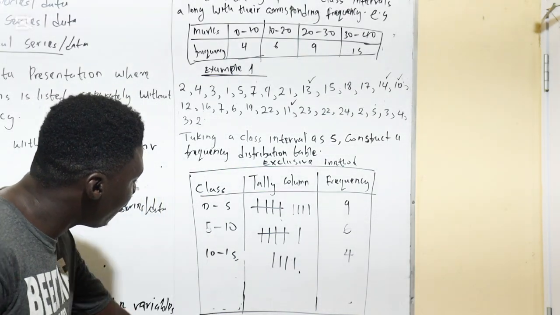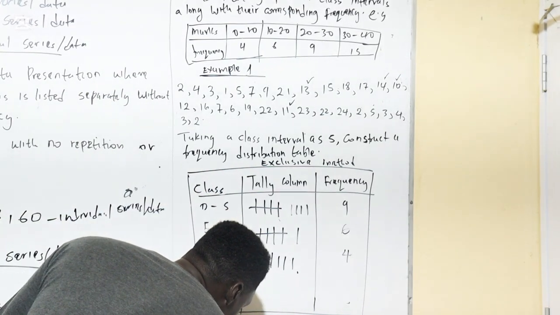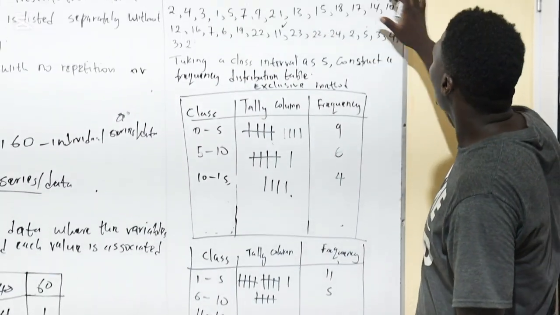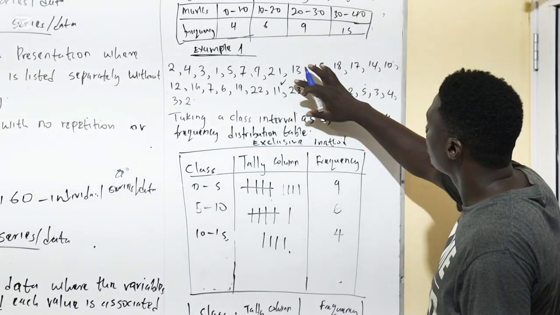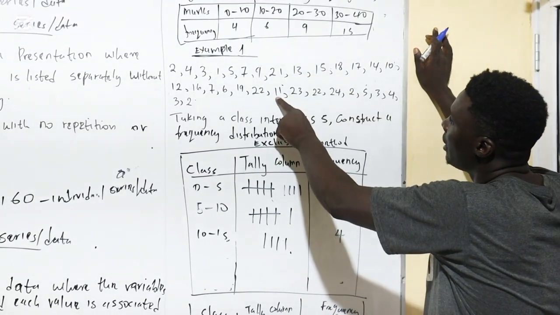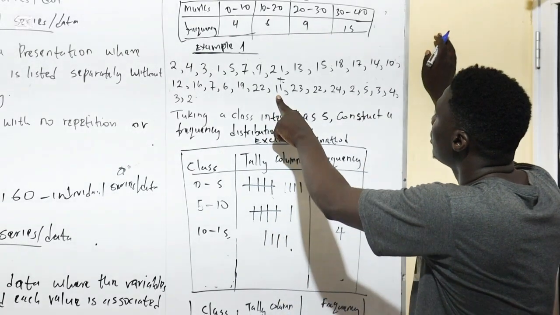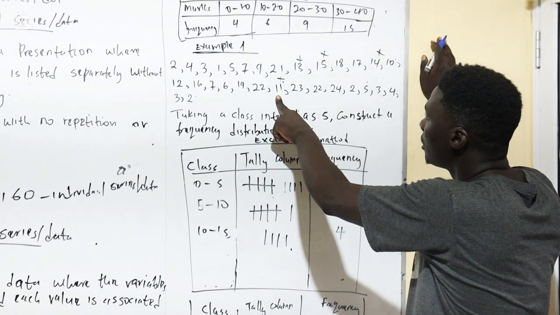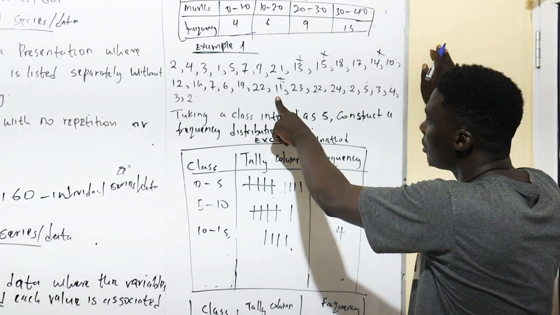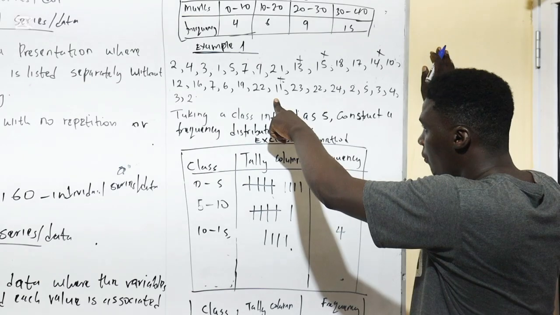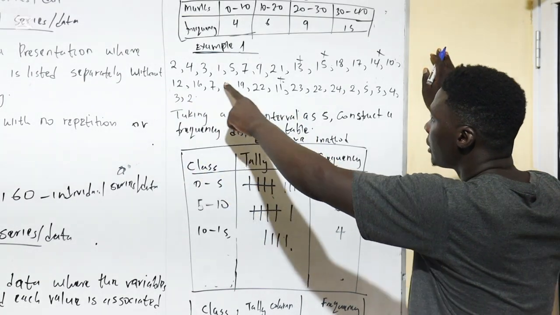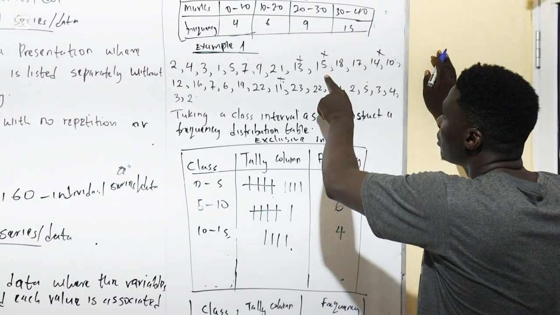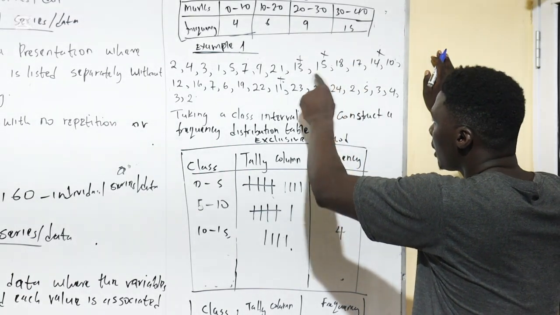Then we come back to 11 to 15 here. Here we'll count everything. So we'll count 11, we have 13, we have 15 itself, we have 14. 11 to 15: 11, 14, 15, 13.